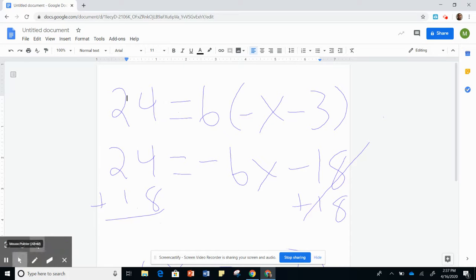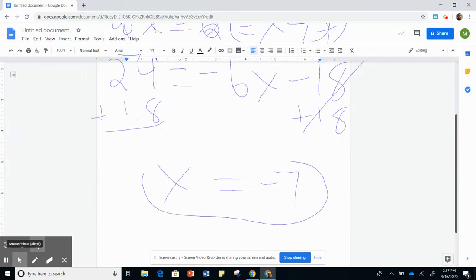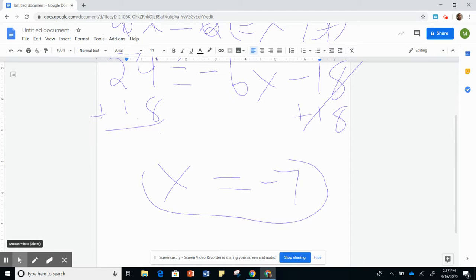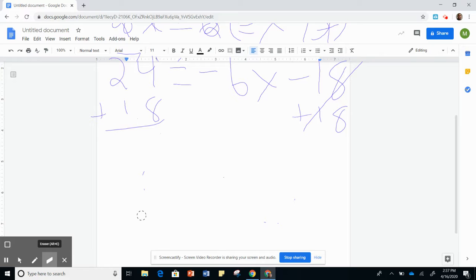Now we're simply going to add 24 plus 18. And let me get rid of this bottom part from the last problem. Okay, so 24 plus 18, that's going to give us 42 is equal to negative 6x.